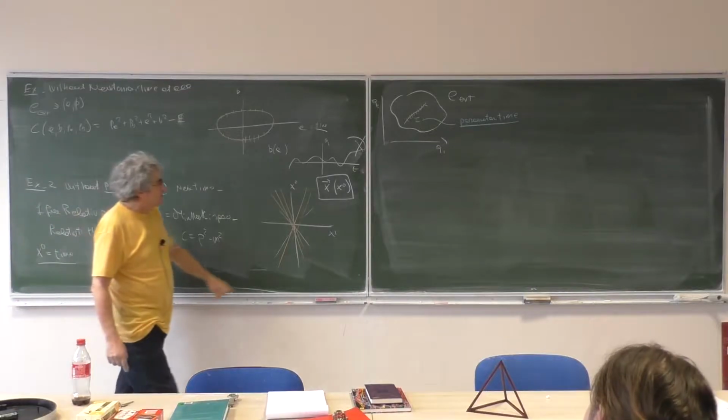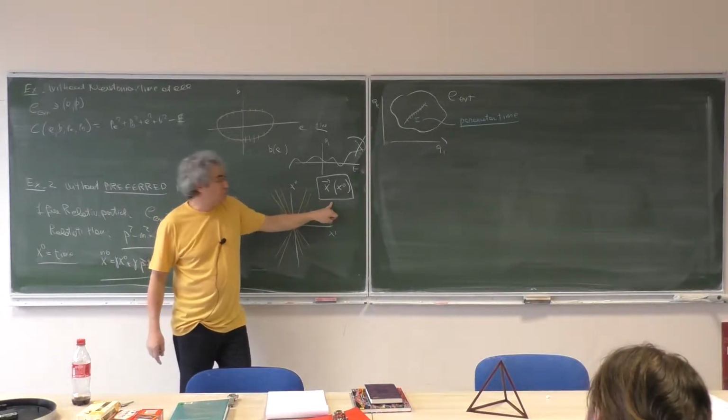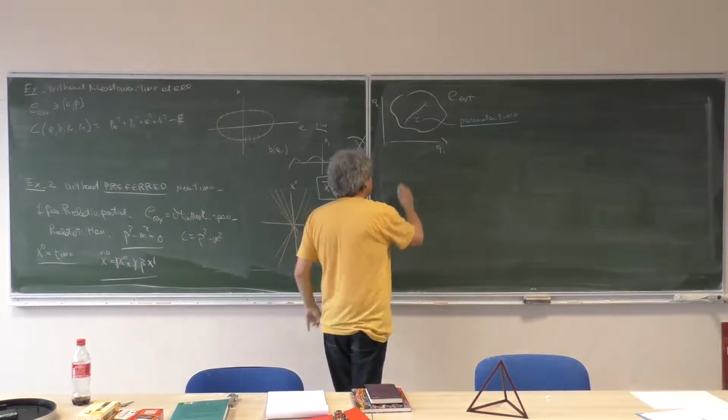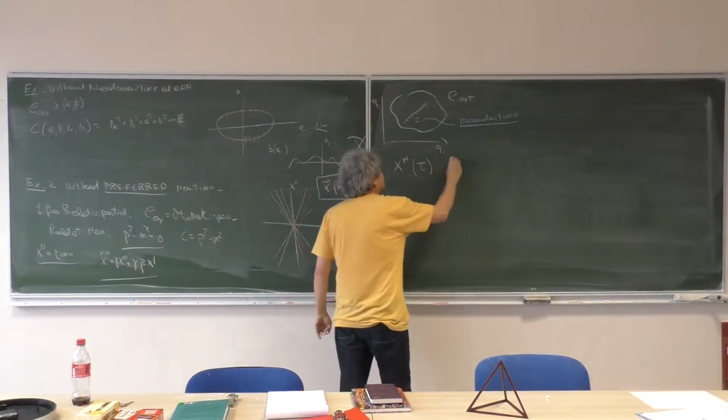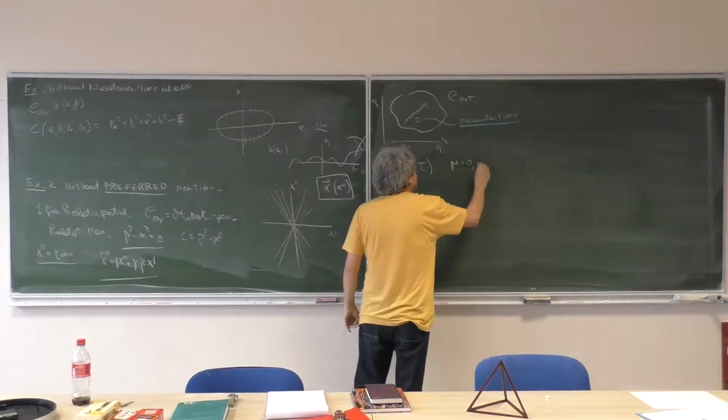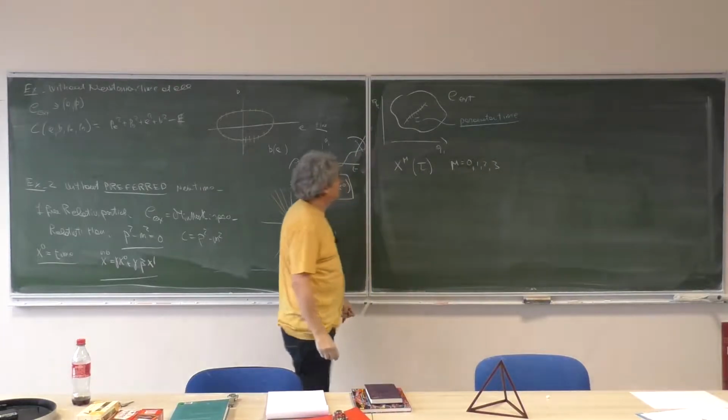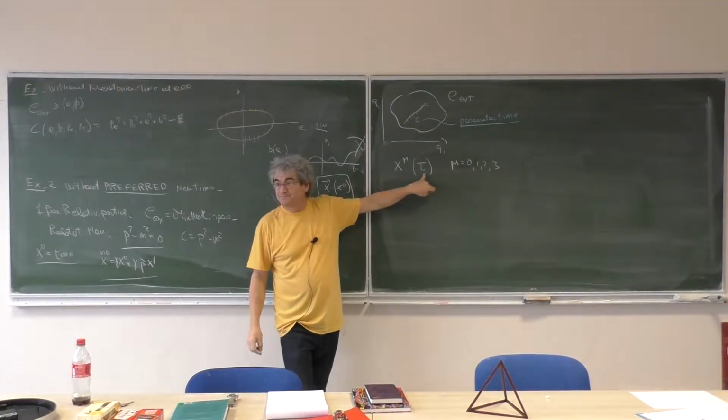But we know that this is not a convenient way of describing the motion of the particle. A convenient way is all four variables x mu as a function of tau, where mu is 0, 1, 2, 3. And this is an arbitrary parameter.